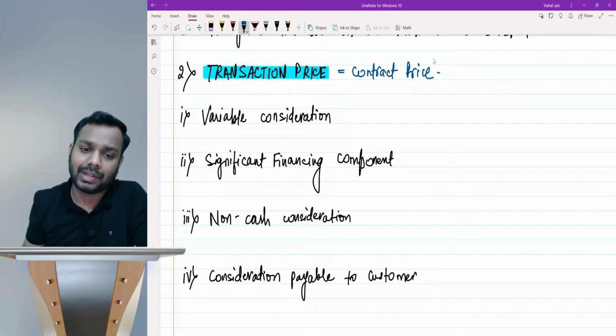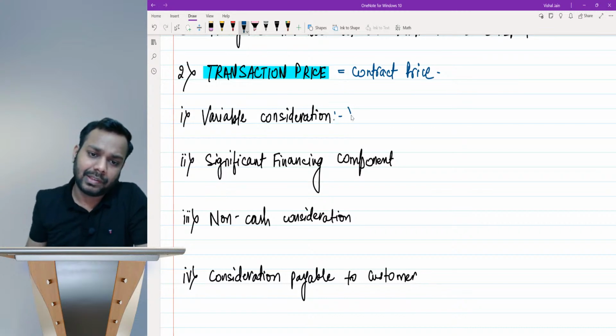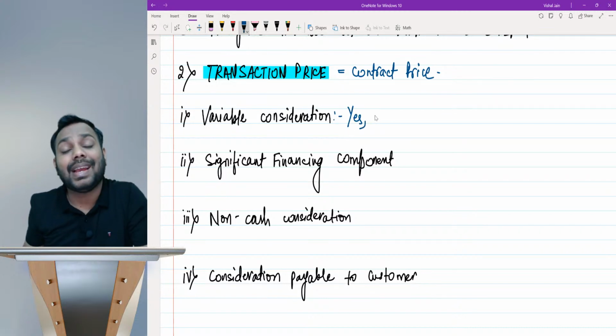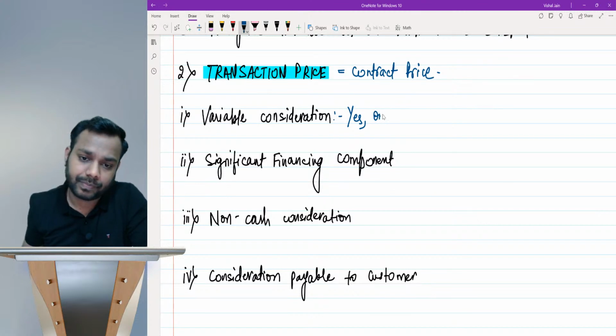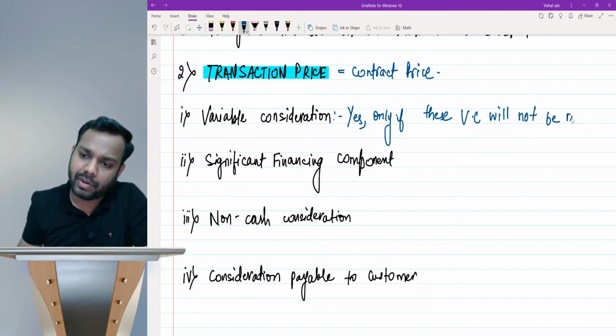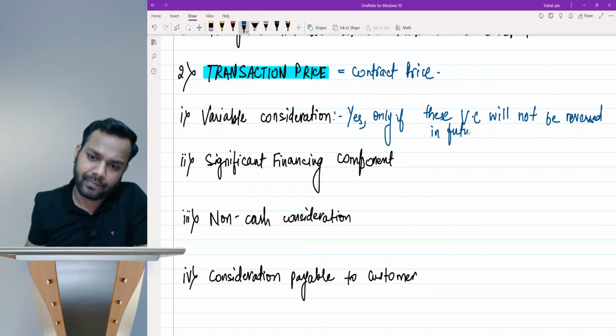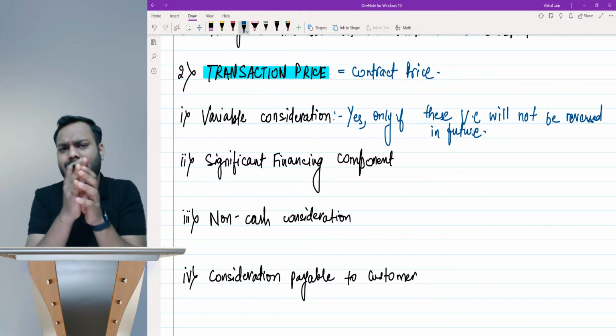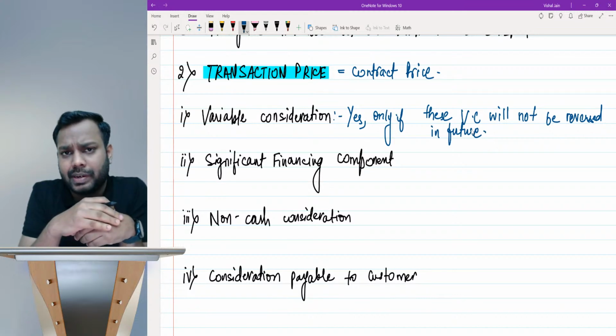You can include it, the standard says yes, but only if this variable consideration will not be reversed in future. Meaning thereby, what is the meaning of variable consideration?